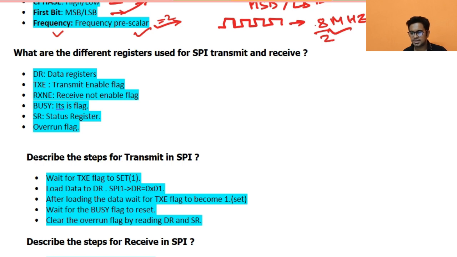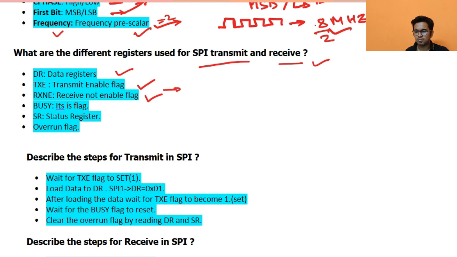The next thing is what registers are required in SPI transmit and receive. This is a very important question that is asked. First is the data register, where data will be stored. Then there is a transmit enable flag, whether the slave is ready for transmit. Then there is the receive not empty flag, RxNE.